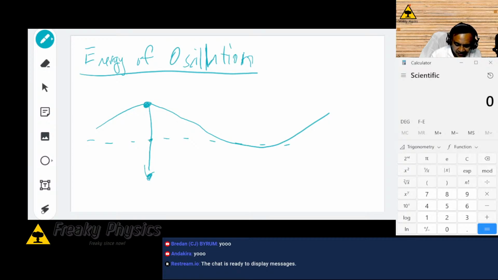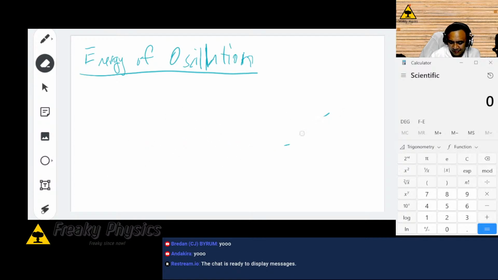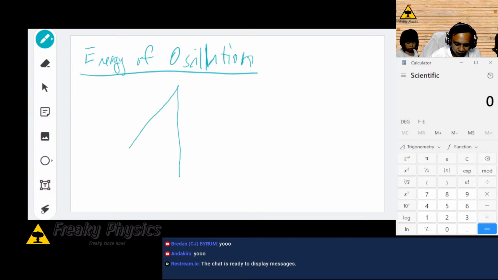Let's not do the graph. I think we better do it with a real object, even if I just draw it. Let's take a look at the pendulum again. We're going to draw our pendulum with our three positions P, Q, and R.